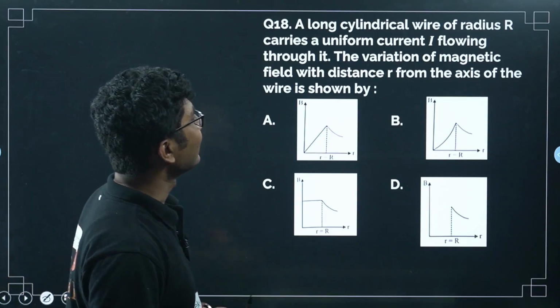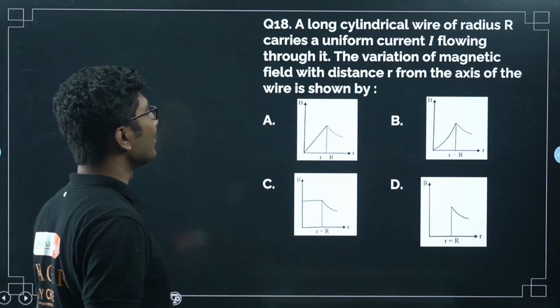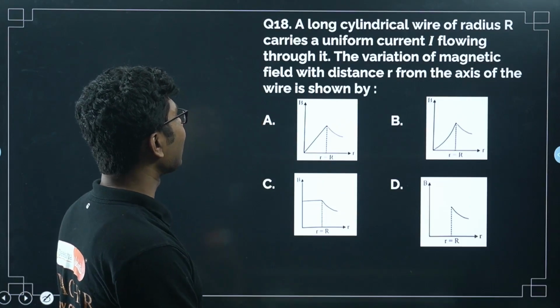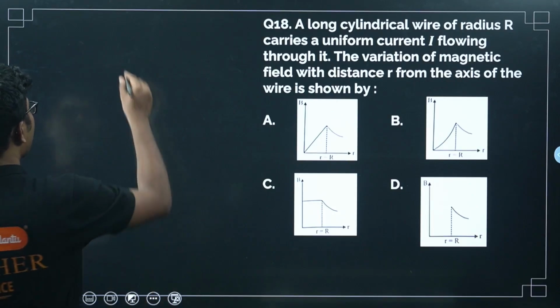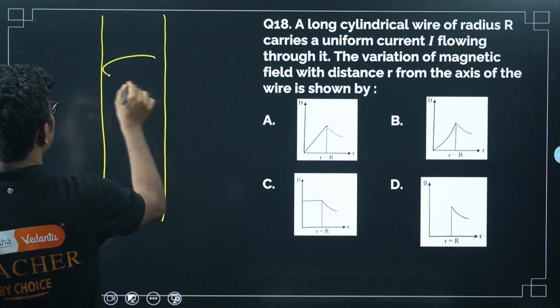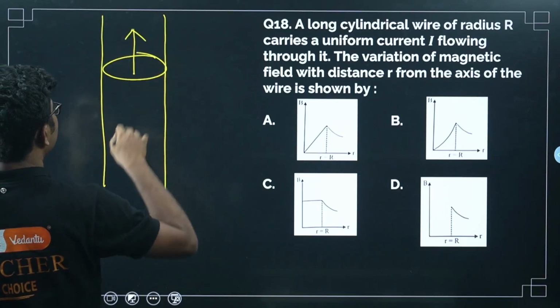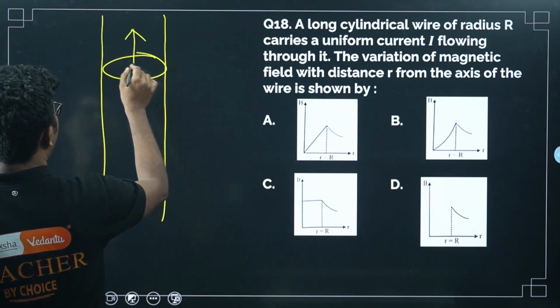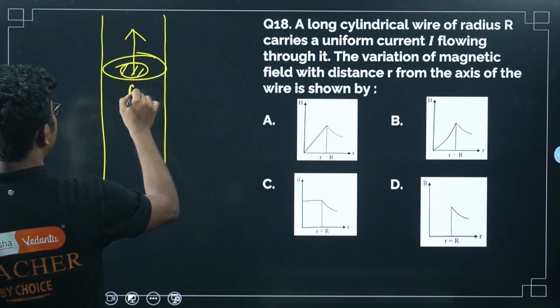A long cylindrical wire of radius r carries a uniform current I flowing through it. The variation of magnetic field with the distance r from the axis of the wire is shown. So I have solved this problem as well. Okay, so this is the current flowing in the circuit. Suppose this area is A dash.